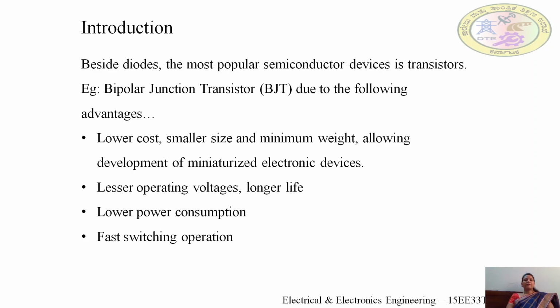Based on the type of the impurity added, we have two types of semiconducting materials, that is p-type and n-type. When a trivalent impurity is added to a pure semiconducting material, the resulting material is a p-type material. And what do you mean by a trivalent impurity? Trivalent impurities are those having 3 valence electrons.